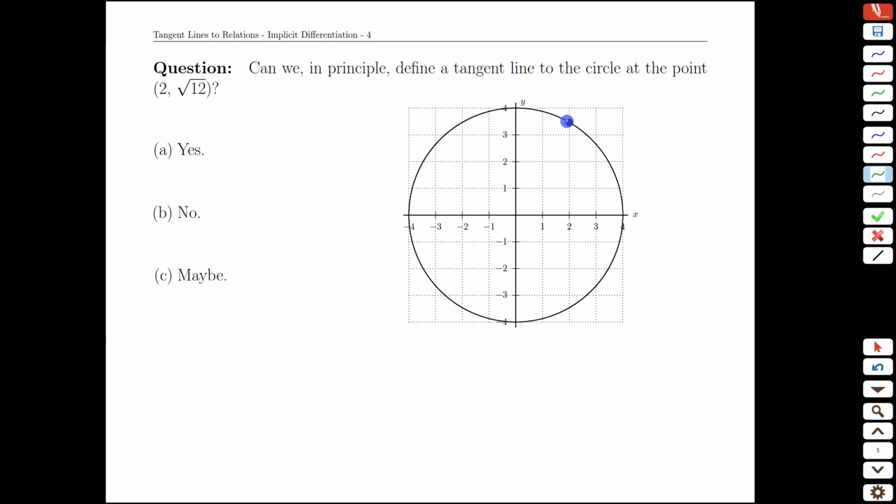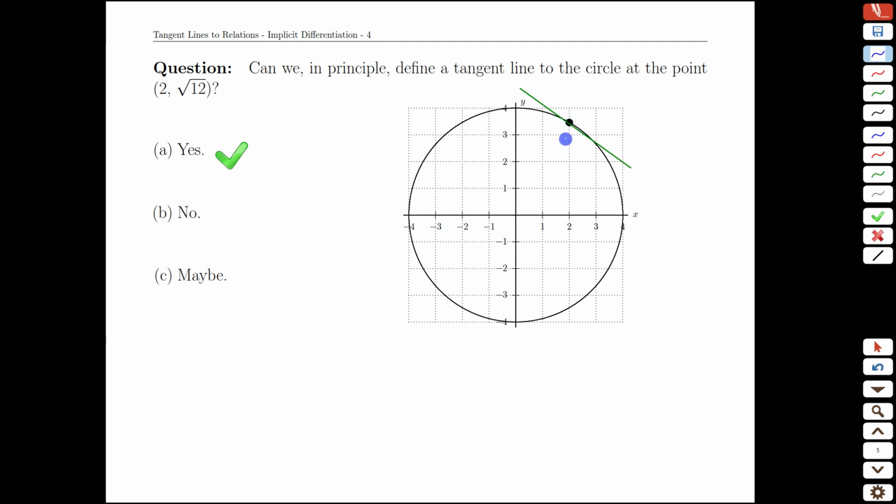All right. Well, if we look at this point, I think most of us would agree that if we draw a line like this, that would be the tangent line, up to some quibbles about how steep the slope is. But there certainly is a line that would exist that is tangent to the circle at that point. So absolutely, we should be able to create a tangent line at that point.